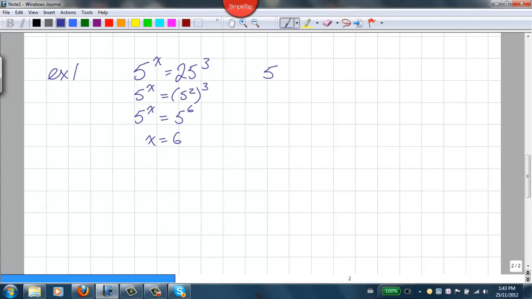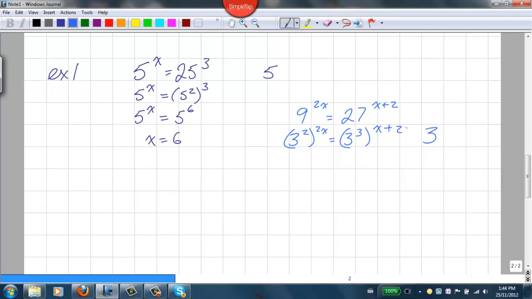So what about if we have something like 9 to the 2x is equal to 27 to the x plus 2? What bases might we use here? Well, we can't use 5, and 27 isn't a power of 9, but you might notice that both of them are powers of 3. So we could rewrite the 9 as 3 squared to the 2x and 3 cubed to the x plus 2.